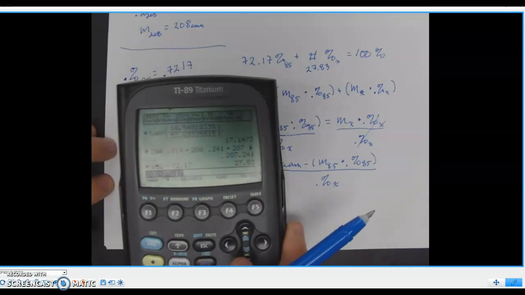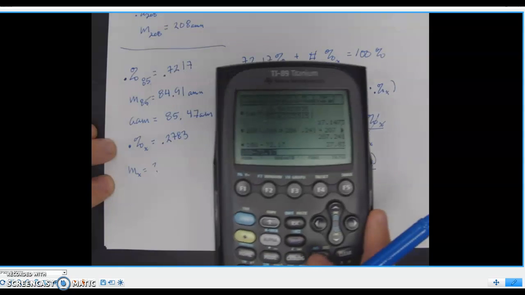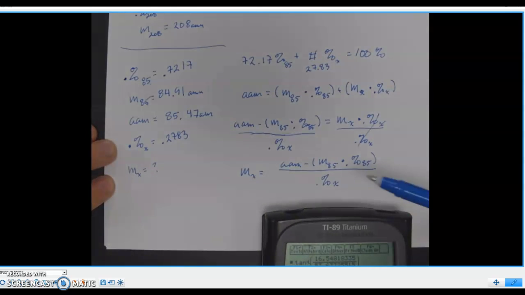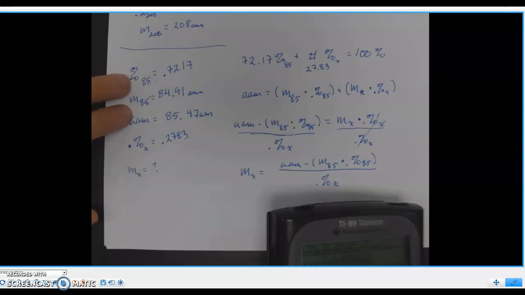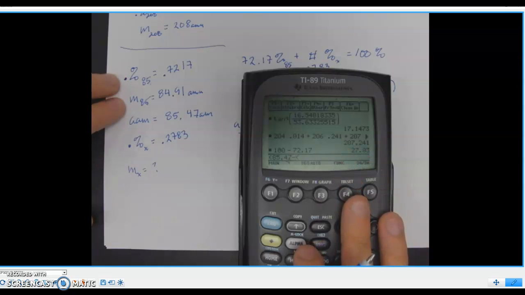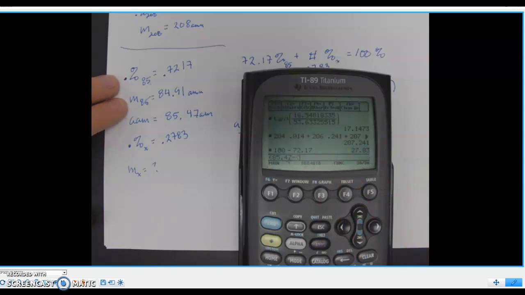And when I do this, I'm going to plug it in very carefully. So the equation on the top said average atomic mass, so 85.47, oh sorry, not multiplied, subtracted by the mass of 85 multiplied by its percentage.